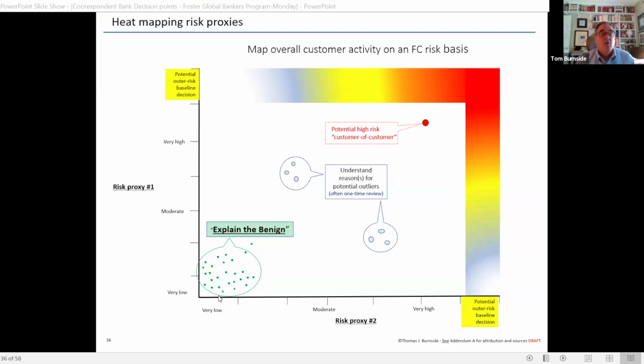And if you do it right, you don't have to spend much time on it. You may do a little bit of sampling to understand them, but you're not going to spend much time on that. In the upper right-hand quadrant, if you've done your axes right, that's where you should have your more potentially riskier customers. You're going to obviously spend a lot more time on them.